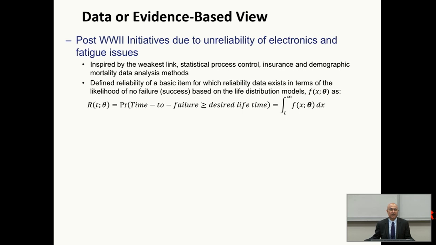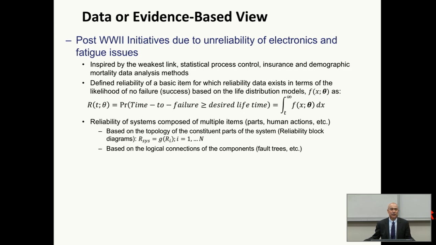And of course, if you have the probability density function of the time of failure f(x), and you integrate this from the desired time t to infinity, that gives us the reliability, as you see from this equation.